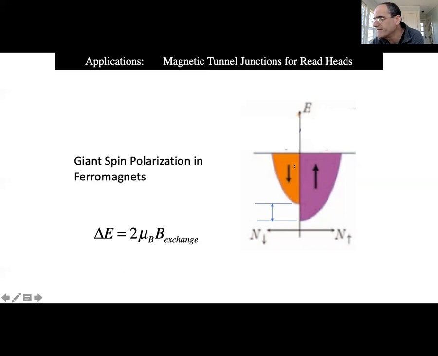And that produces a very dramatic population difference between the density of spin up and spin down electrons, okay? And notice that, of course, not only is the population of spin up electrons larger here, but if we look at the density of states at the Fermi energy, that's larger too. That'll be important in the next view graph.